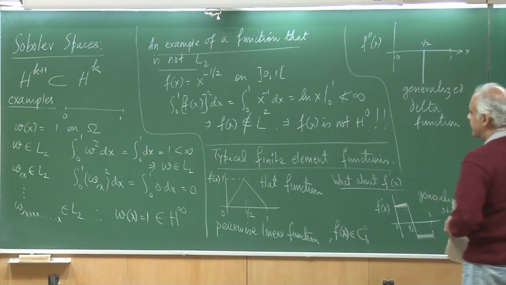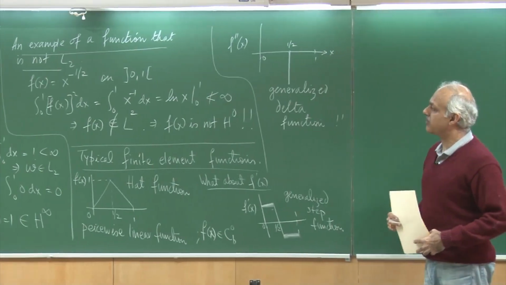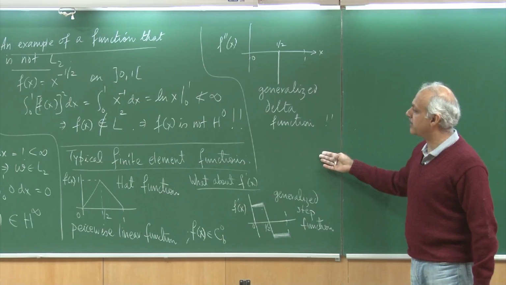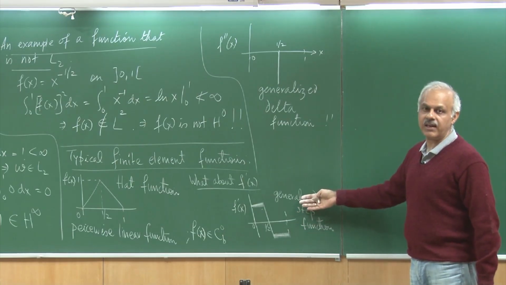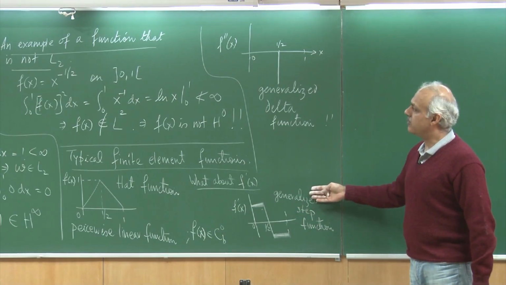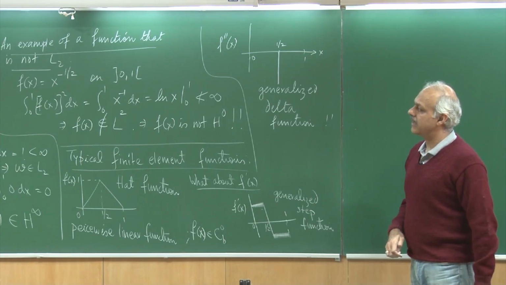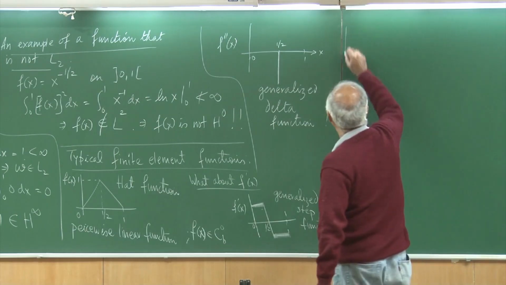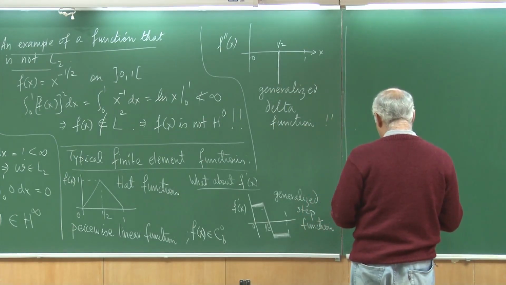Alright, so what is the connection between the smoothness that we talked about in terms of continuity and differentiability, in terms of C1, C2 or Ck, versus the Sobolev spaces, which are Hk? There is a theorem that connects them, and I would like to lay it out for you.